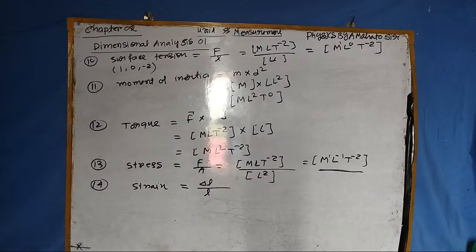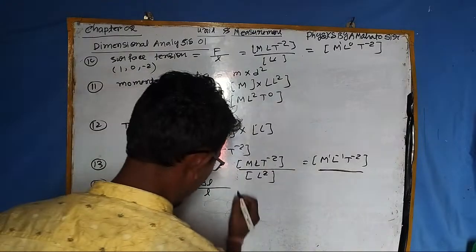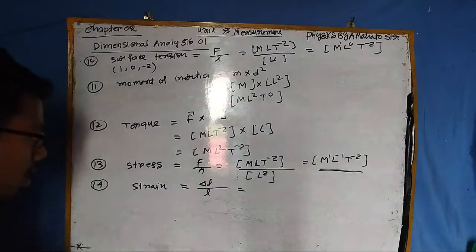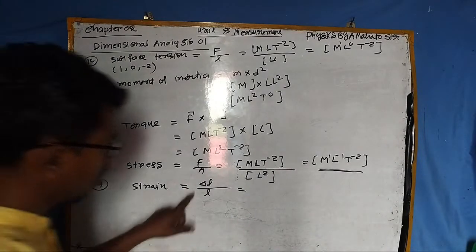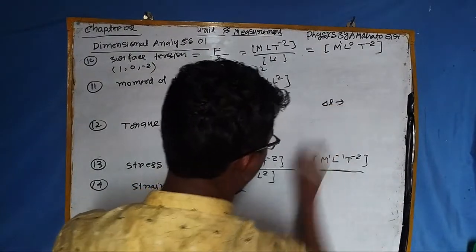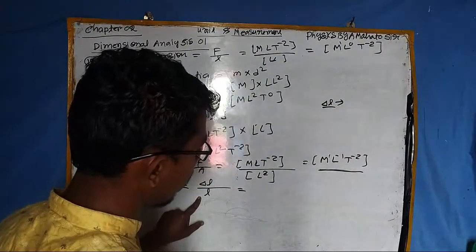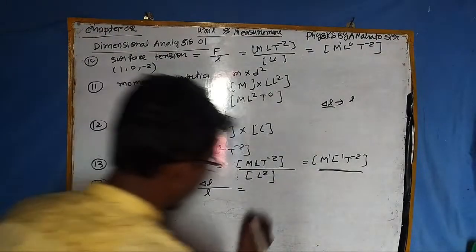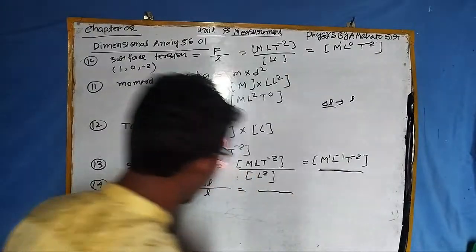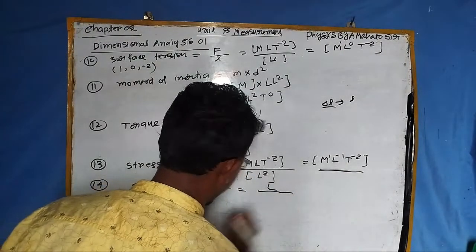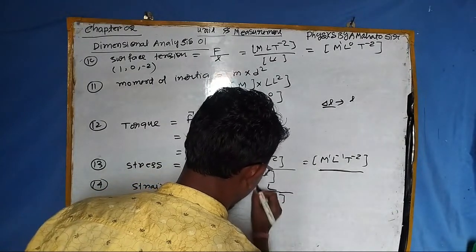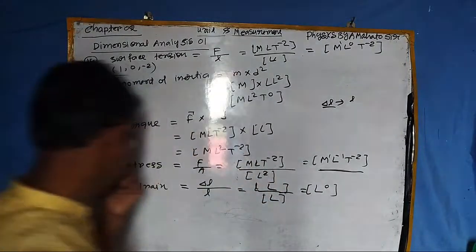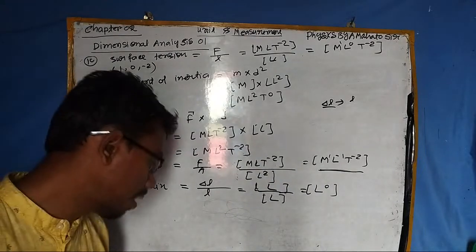The change in length is a length, so its dimension is L, and the original length dimension is also L. So the dimension is L0, meaning 1. So strain is a dimensionless quantity.